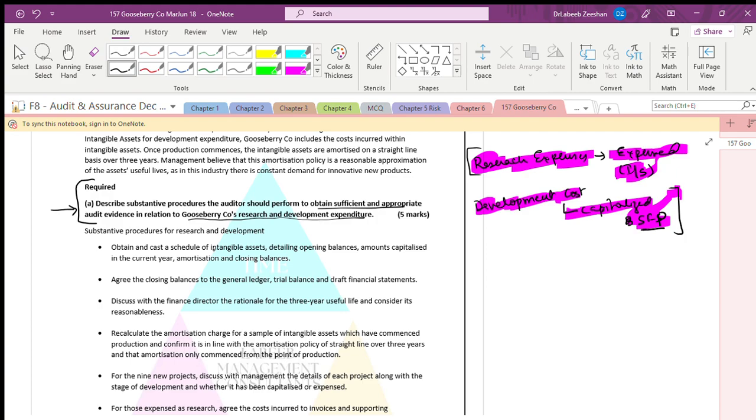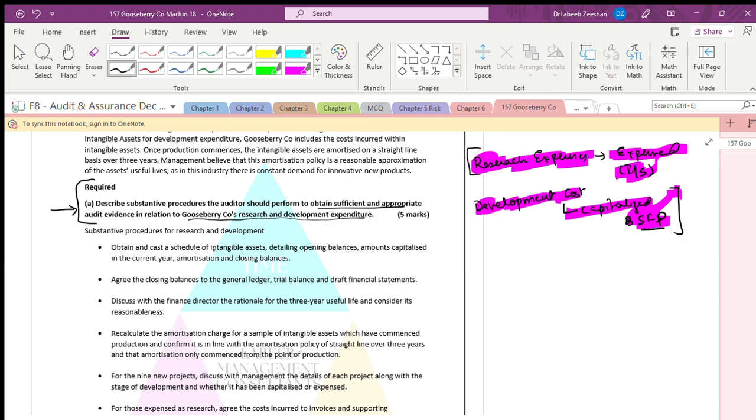We have to have sufficient appropriate audit evidence with respect to research and development. Research means it is an ongoing process. Development means once research succeeds, then we go to the next stage of development as such. That is how we have to think about research and development.